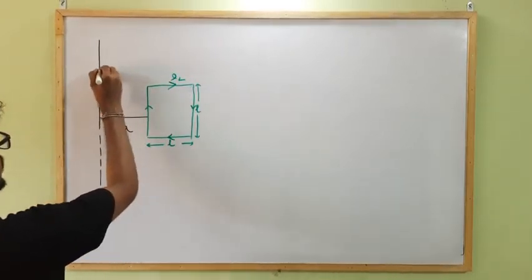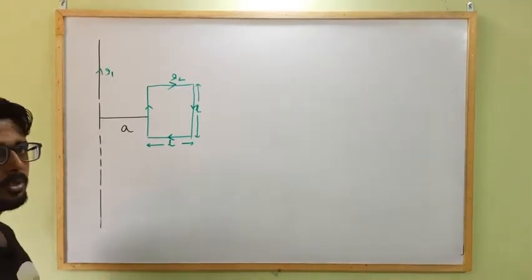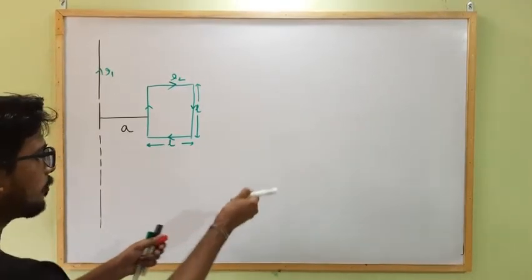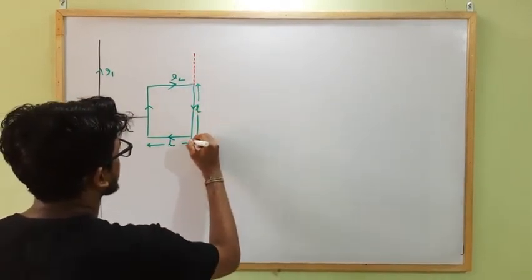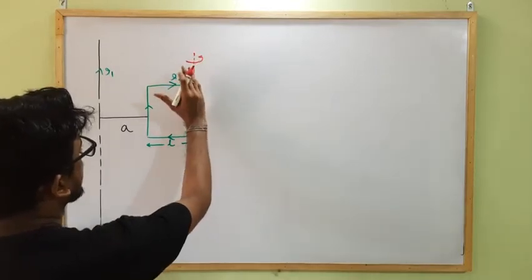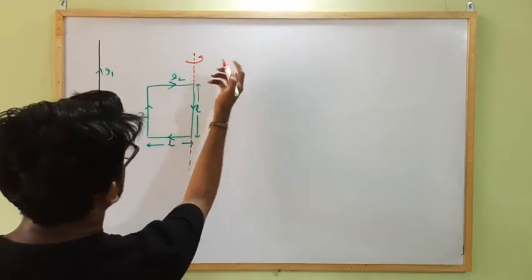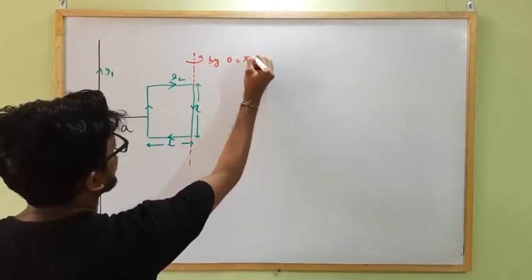I2, here the current is I1. So now we have to find out the work done if I am rotating this coil about this axis along this direction. I am rotating this coil about this axis in anticlockwise by theta equal to pi.